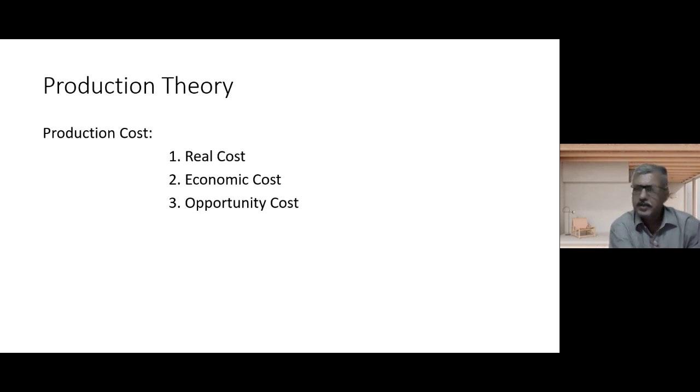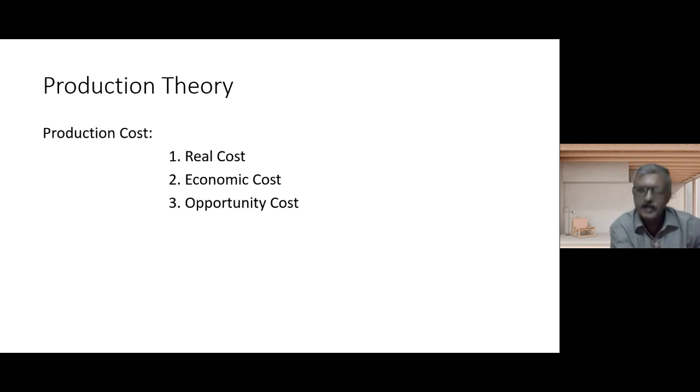ये तीनों अलग-अलग हैं, but as a student of economics, we are only interested in business economics, not economics. Economics के student रहेंगे तो हमको तीनों cost का analysis करना पड़ेगा, but as a student of costing, we are more interested towards economic cost. For the sake of understanding of the concept, let's understand all the 3 types of cost.